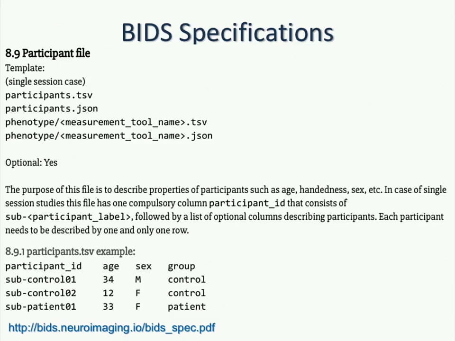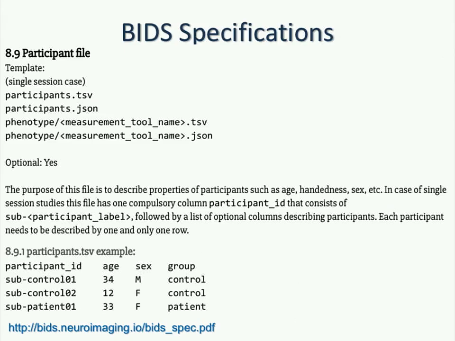Other variables that you might want to add about your participants get added to that. Each line is a separate participant. In your case, it's going to be sub-01. You use that same ID, make up an age, make up a sex, and if you want to add another variable, you can.